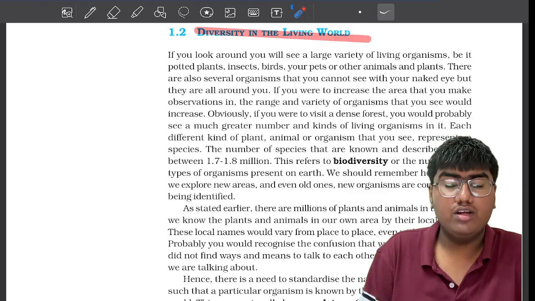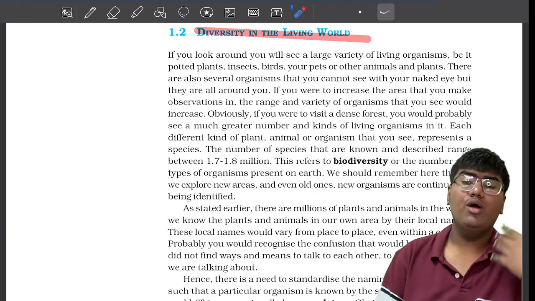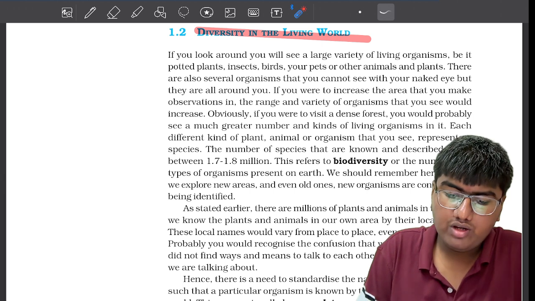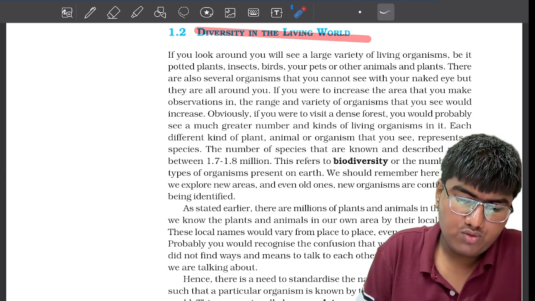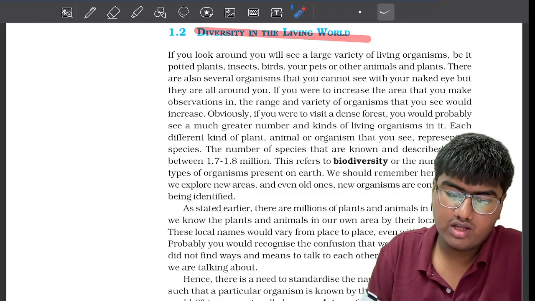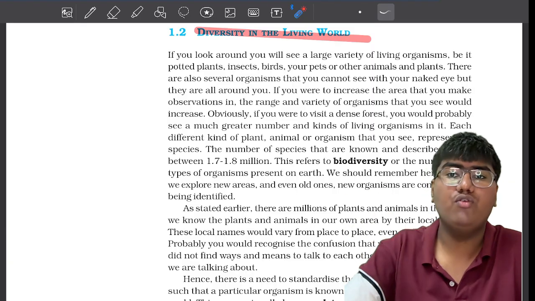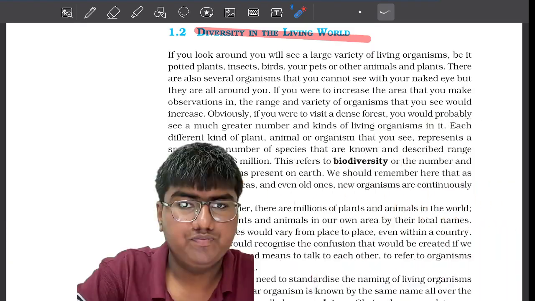Yes, there are many bacteria that are present. We can only sense them when we get affected by some diseases. If you were to increase the area of your observation, the range and variety of organisms that you would see would increase. Yes, by increasing the range, you can increase the number of organisms that we can see.